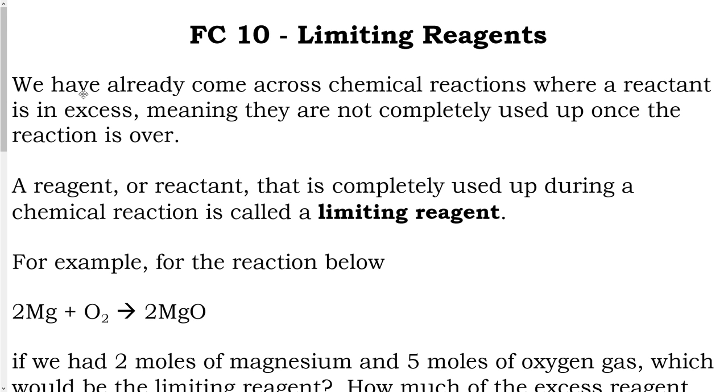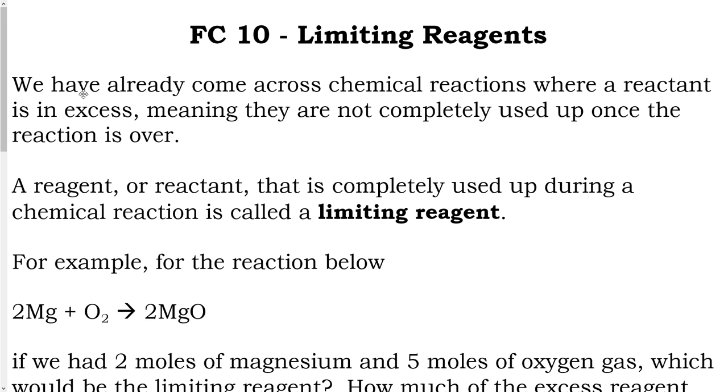So with limiting reagents, you're going to be given two masses. You're going to have two known variables, and they're both the reactants, right? In reactions, you have reactants, and they produce the products. So you're going to be given the masses of both reactants.